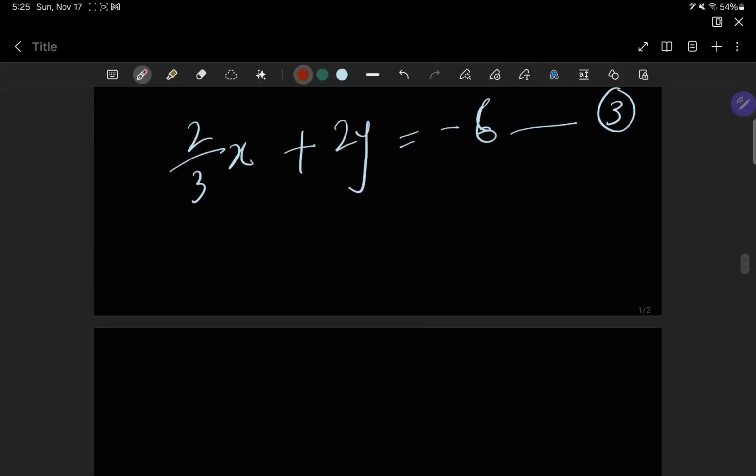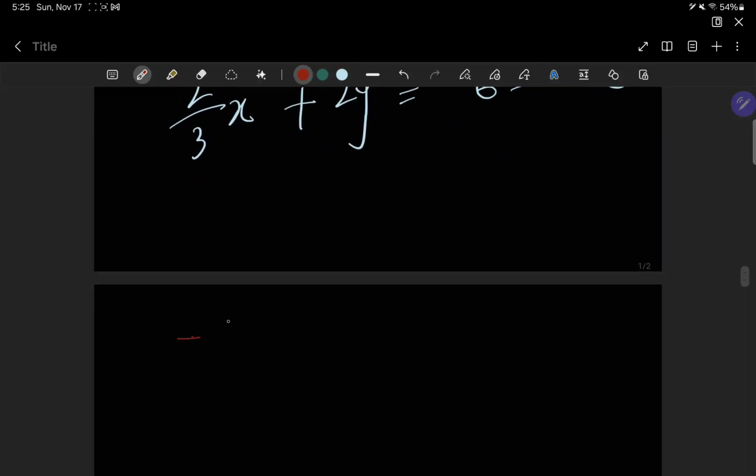I'm going to write 1 and 3 together now, so you can see what we're talking about. 1 is minus 2 by 3x minus 7y equals 6.